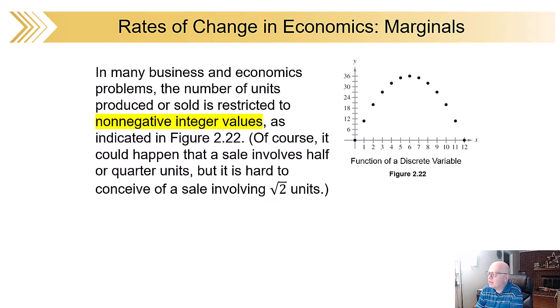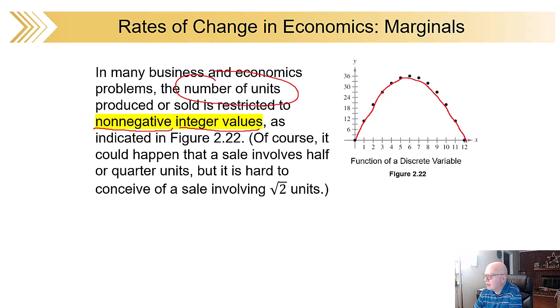Now, one thing to keep in mind is that quite often the number of units you produce or sell are integers, positive integers, or non-negative actually, because you could have 0. However, for our purposes, we could sort of interpolate or imagine other possible numbers in between.